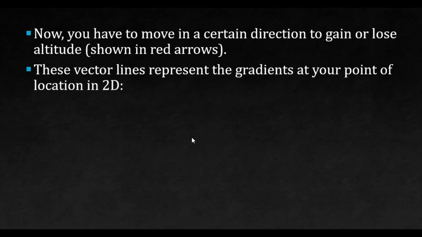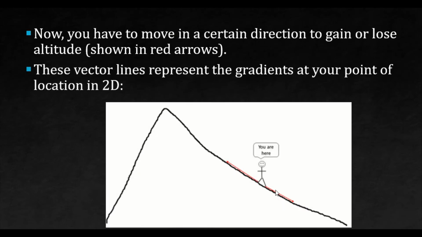Either I have to move up or I have to move in the downward direction. So these vector lines which are shown in red color, either in the upward direction or in the downward direction, are given as the gradients. So it is basically the slope of the mountain that you are calculating.